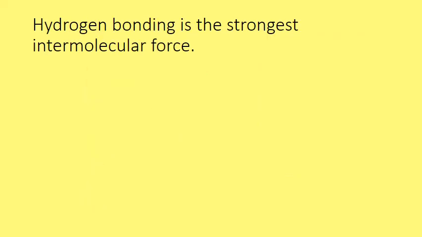And as we've said before, hydrogen bonding is the strongest intermolecular force, but it only happens within certain types of molecule, and that's when hydrogen is bonded to the three very electronegative elements: fluorine, nitrogen and oxygen. So when we get compounds that have hydrogen and fluorine, hydrogen and nitrogen, and hydrogen and oxygen, we could have hydrogen bonding.